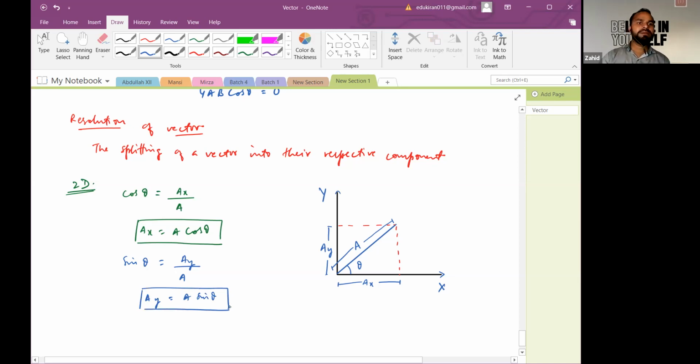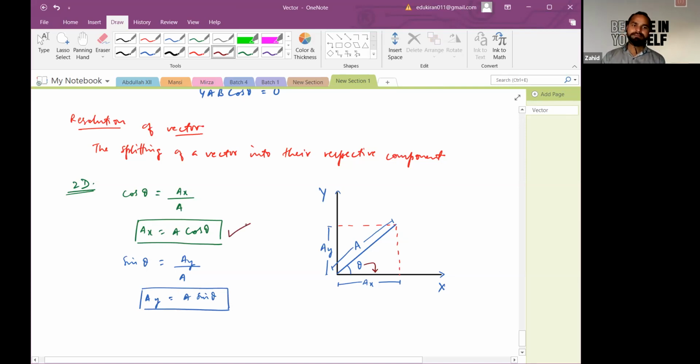Now from this, we can conclude whenever you have a vector which is inclined at some angle theta, the component adjacent to this particular theta will be termed the base component. To get that base component, multiply this vector by cos theta.